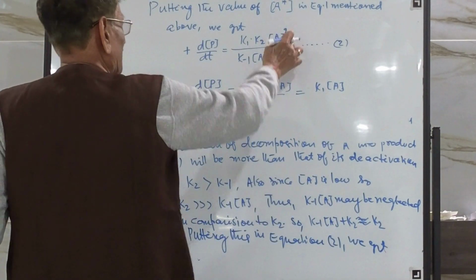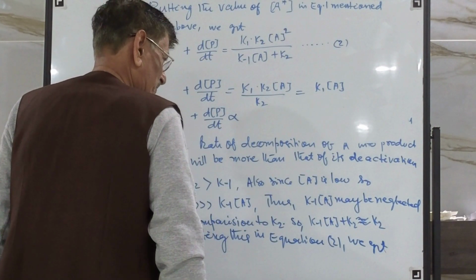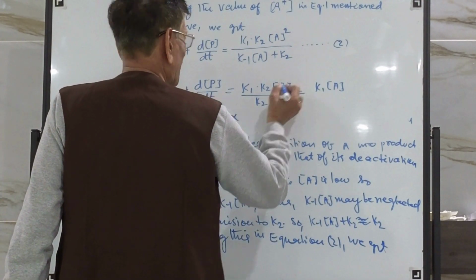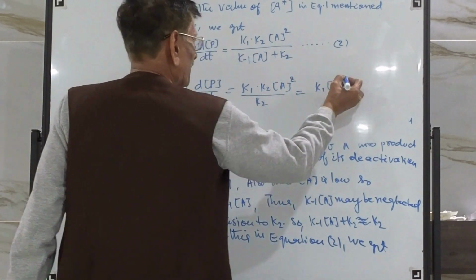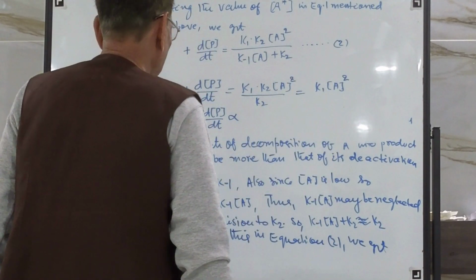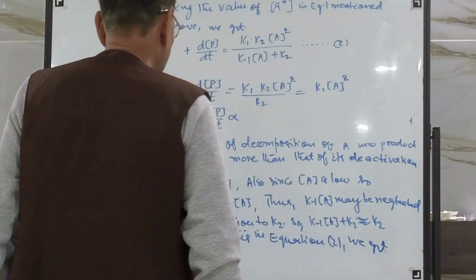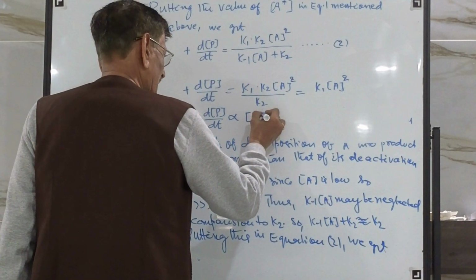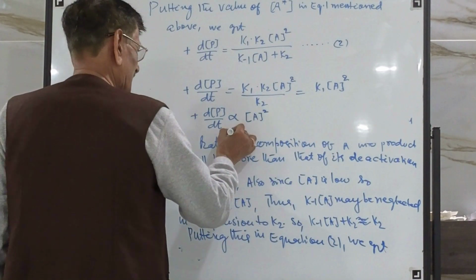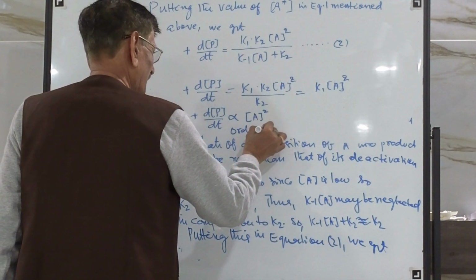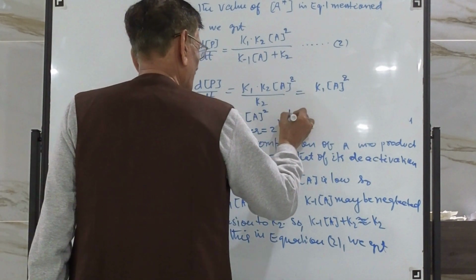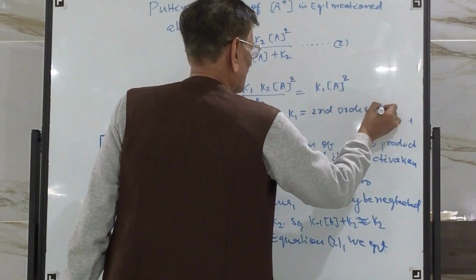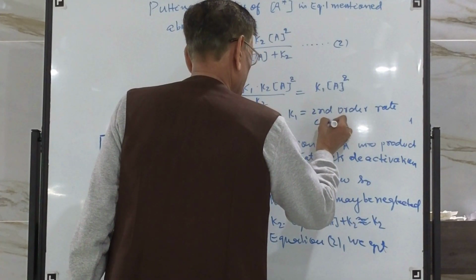Here it should be a square. I committed a mistake earlier. So K1 into K2 squared, and then plus dP by dt is proportional to the concentration of A squared. Now the order is 2. This is the second order rate constant.